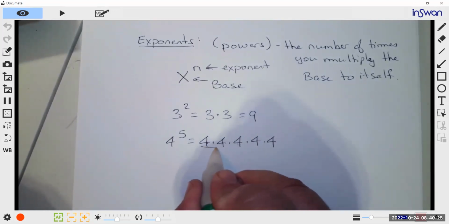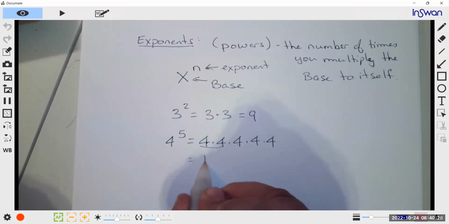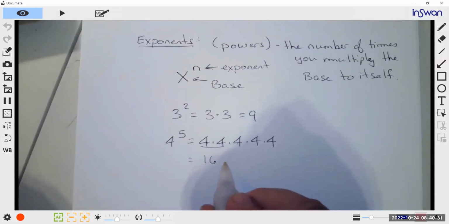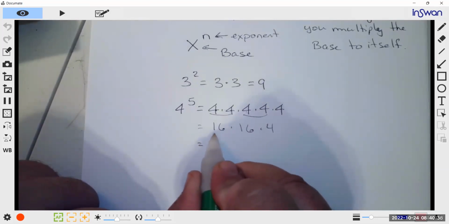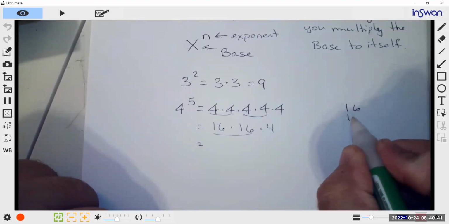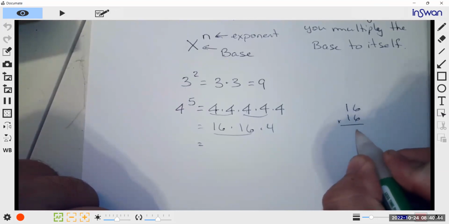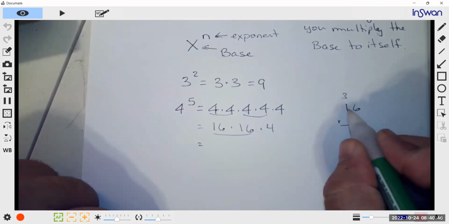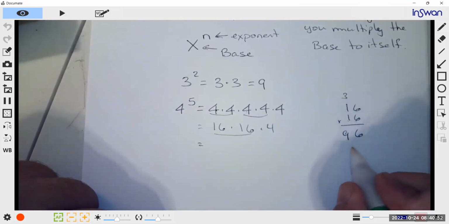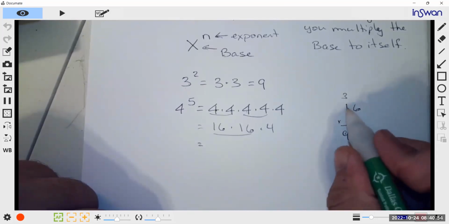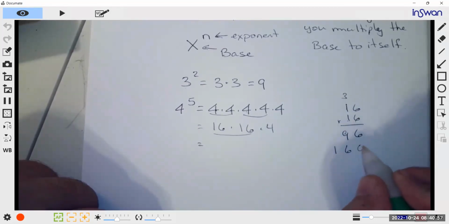So 4 times 4 is 16. Then we do 16 times 16. 6 times 6 is 36. 6 times 1 is 6, plus 3 is 9. 1 times 6 is 6. 1 times 1 is 1. Remember, we're supposed to leave a blank space here. 6 plus 0 is 6. 9 plus 6 is 15.